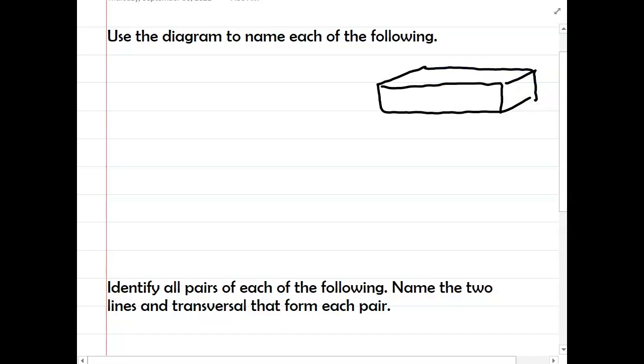Now what I want to do is show the edges that you can't see, right? So this back edge right here, since I can't see it, let's show it as a dotted line. And then that vertical edge going back. And then this one going across here. There we go. There's your art lesson for today: how to draw a rectangular prism. And then I want to label the vertices.